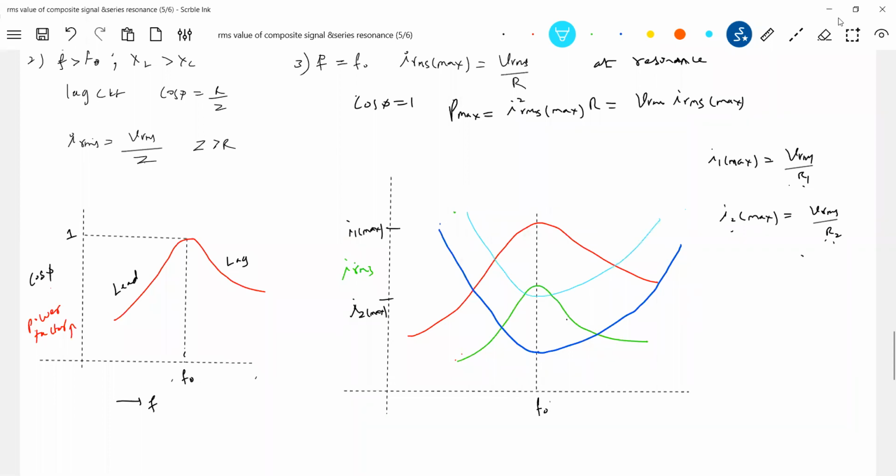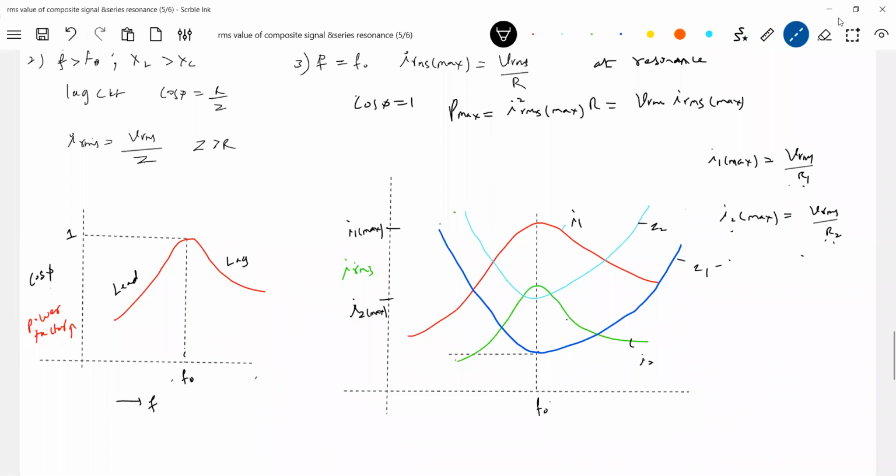I'm just showing the rough diagram. It should be like this. So this should be I1, and this I'll call I2. So for impedance, this should be Z2, this should be Z1. So Z1 should be equal to R1, and Z2 to R2.